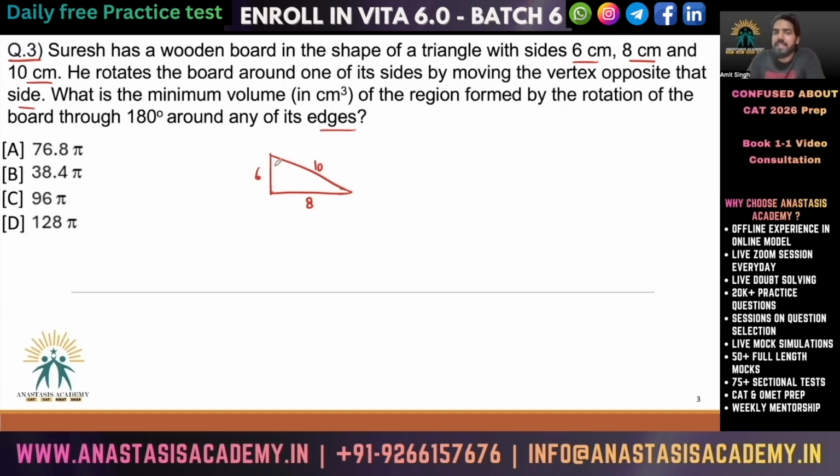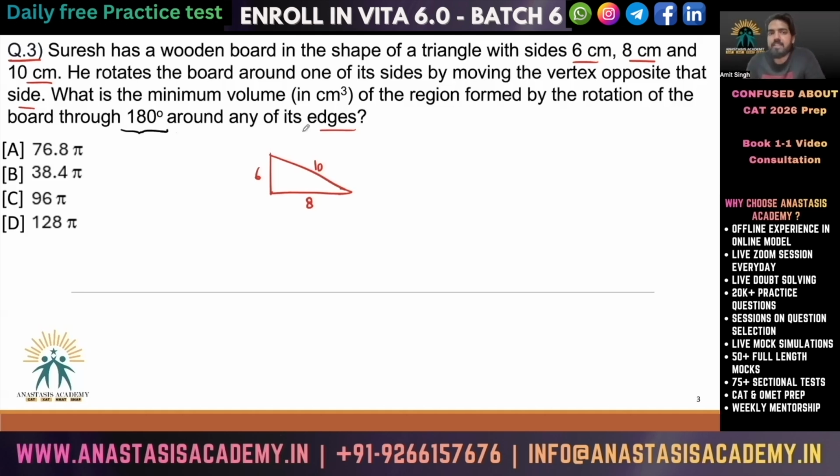So it forms a 3D shape that would be a cone. If I rotate this figure by 180 degrees, it would be half the cone. If I rotate it 360 degrees, that is completely, it would be a full cone. But in this question it is given that we have to rotate it 180 degrees. That means it would be half a cone, right?